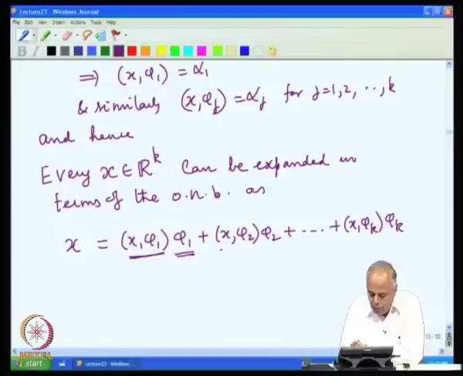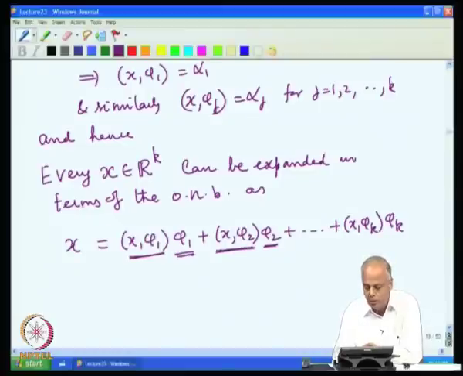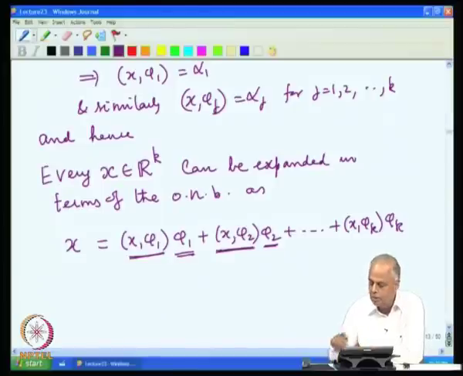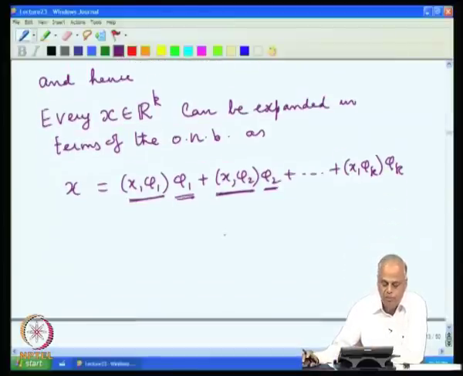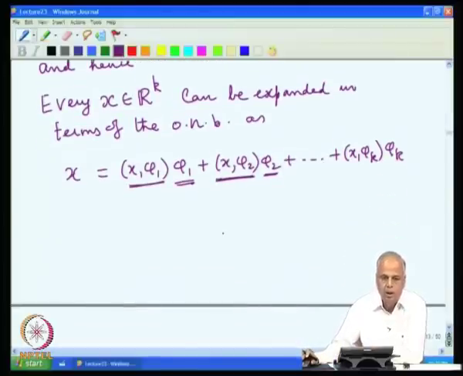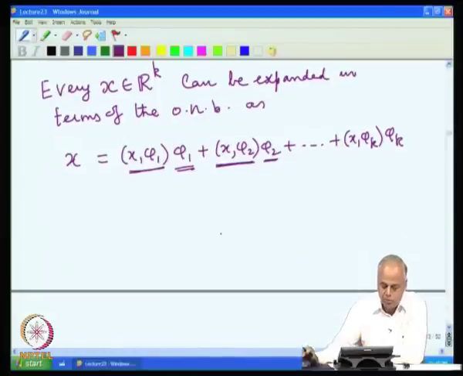To find the coefficient corresponding to phi 2, we need to know only the relationship between x and phi 2, namely the dot product of x with phi 2, and so on. So, in these cases it is much easier to find this expansion in terms of the orthonormal basis.